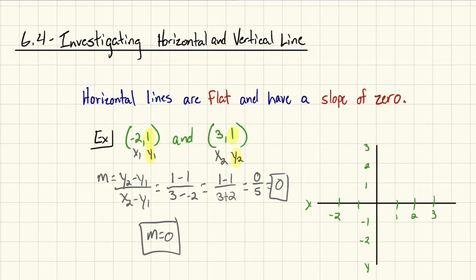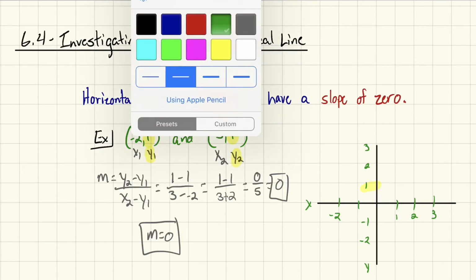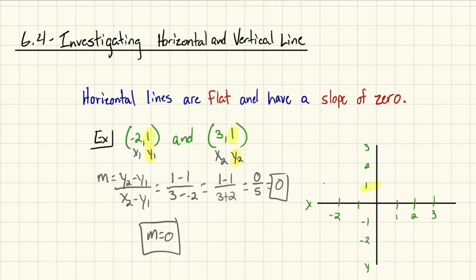All we have to do is go to 1 on the y-axis, and since we know that 0 slope is a horizontal line, all we have to do is come back and draw a horizontal line right through 1.